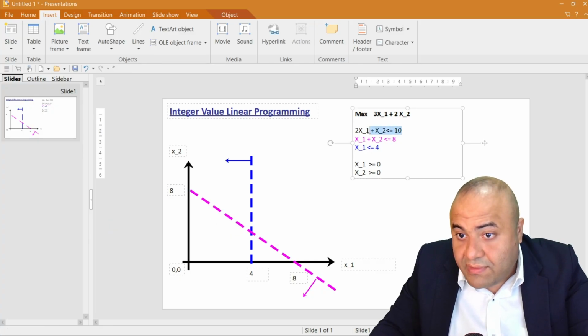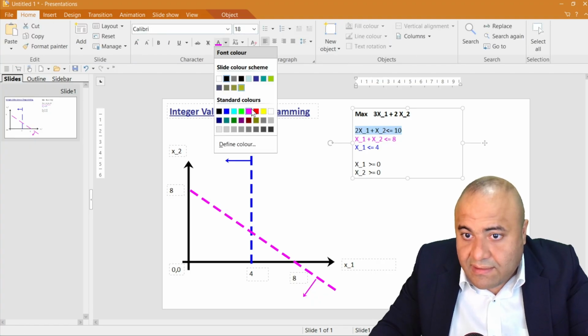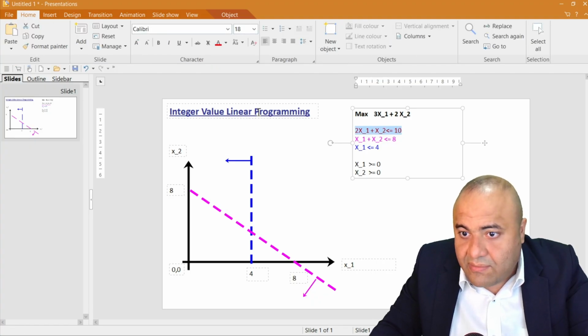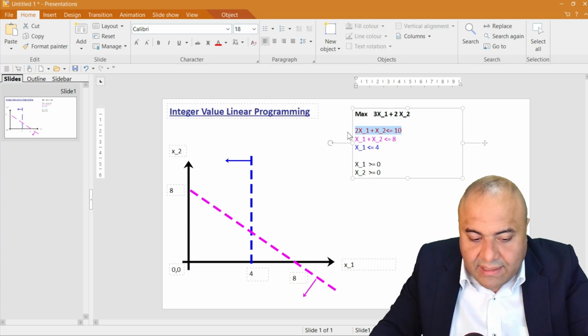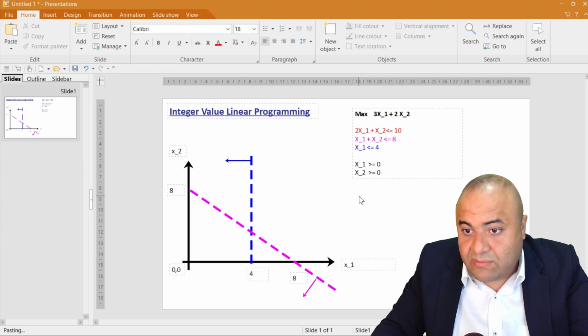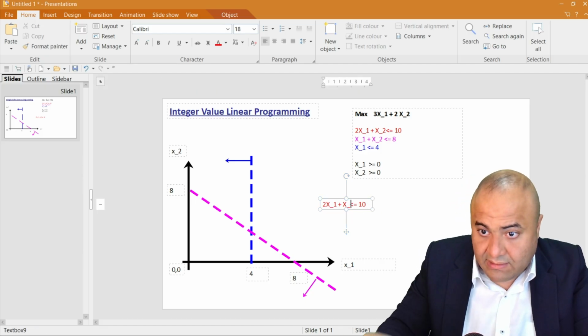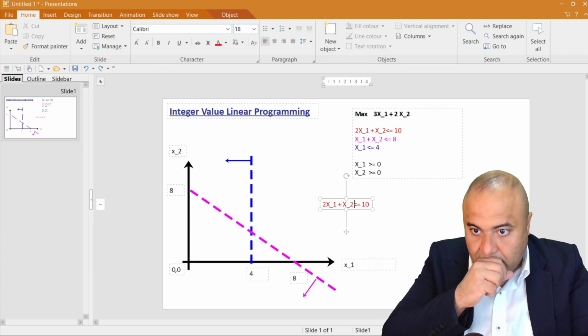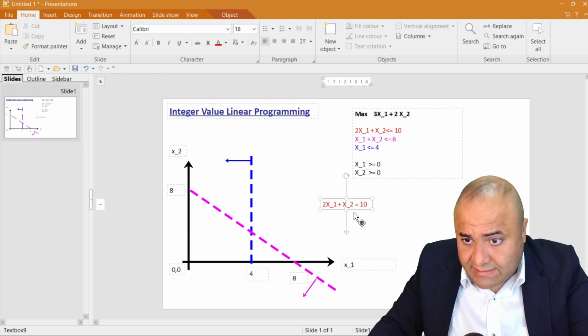Now we go for the another one, which is the first one, and we can just make it red. And here 2x. Again, as we said, what we do is we put 2x1 plus x2 equals 10. And here we just remove the less and we equal 10.